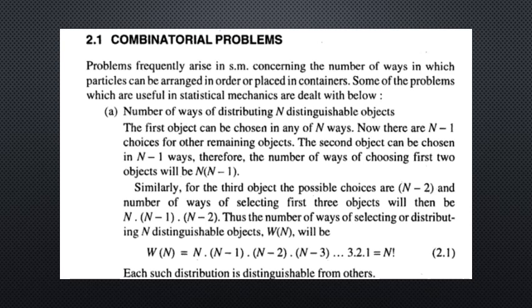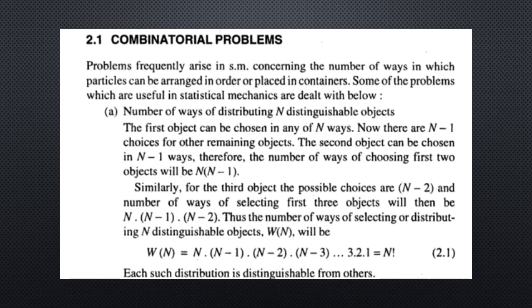Thus, the number of ways of distributing the objects will be 8 into 7 into 6 into 5 into 4 into 3 into 2 into 1, which means factorial 8.